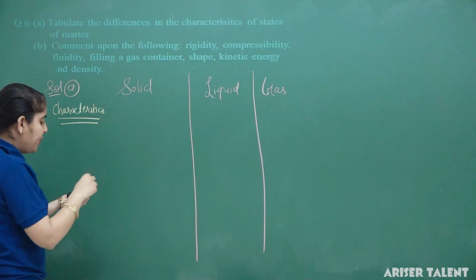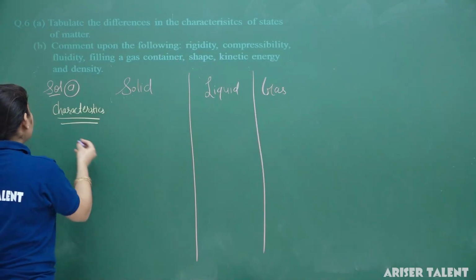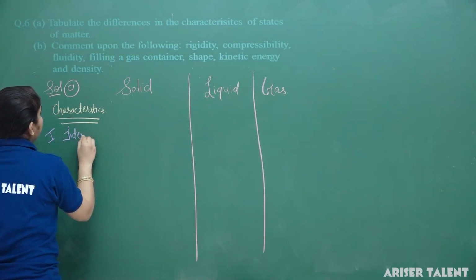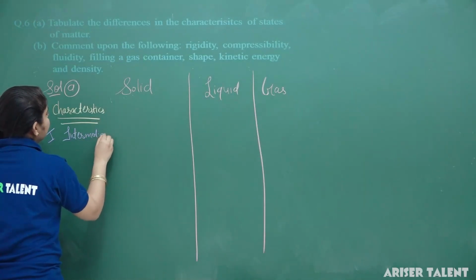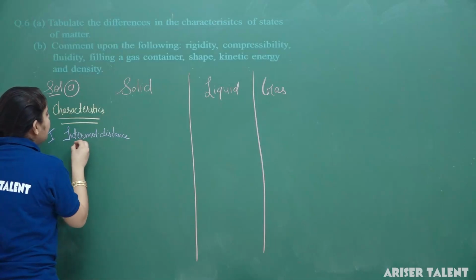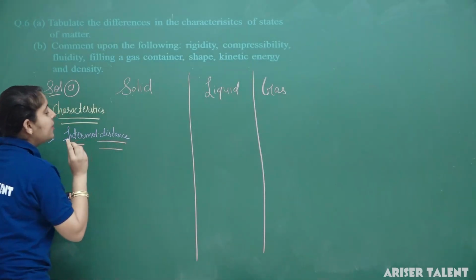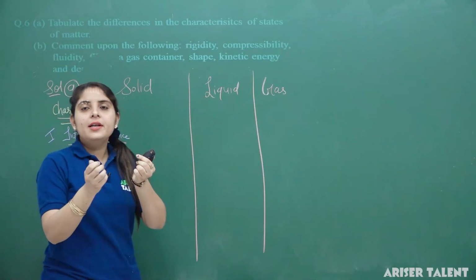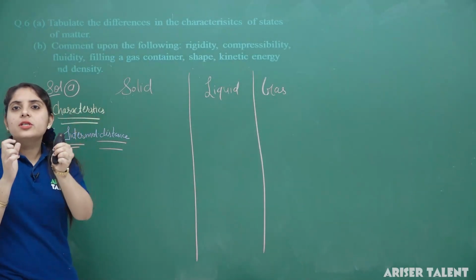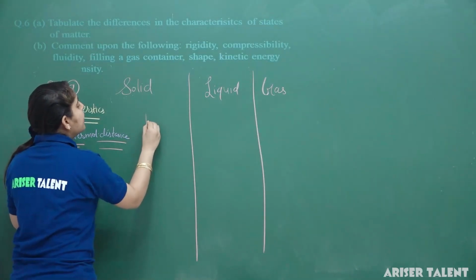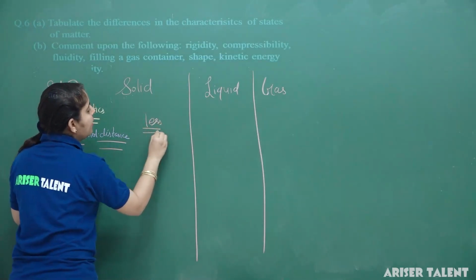On differentiating the characteristics of these 3, firstly I am considering the intermolecular distance. So our first factor is judging on the basis of distance between the particles. Solid particles are closely packed, so the distance is very less.